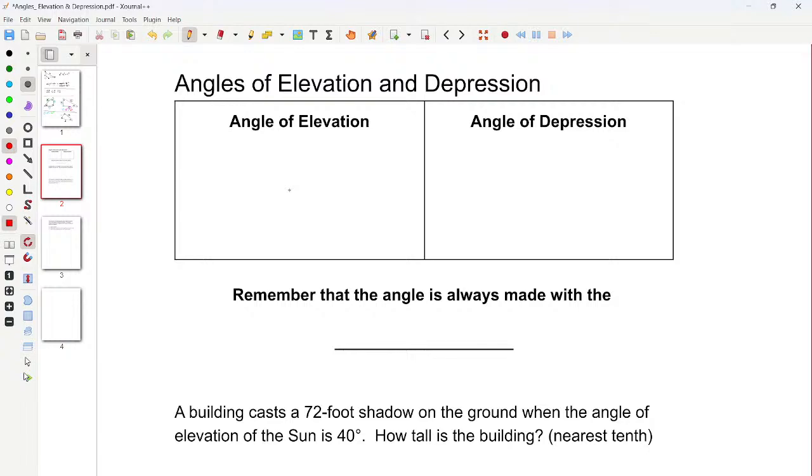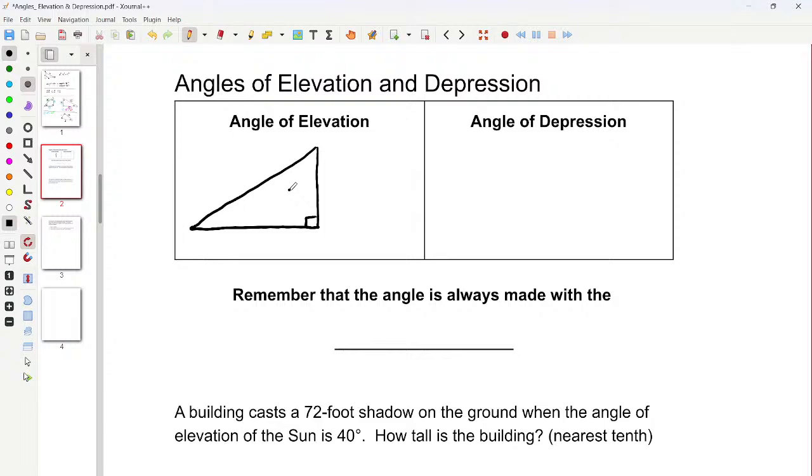So when a question states blah, blah, angle of elevation, you're immediately going to think, I need a right triangle. And this angle right here, it literally has to be in that position, is your angle of elevation.